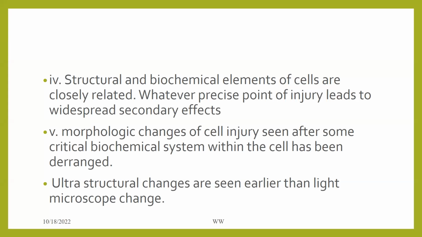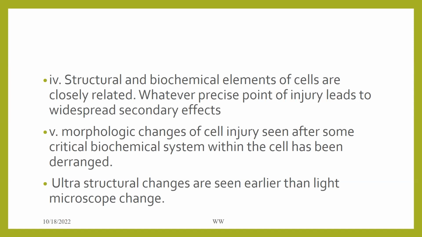And they are thought to occur before we are able to see the differences on light microscopy. The little organelles you see within the cytoplasm express disruption faster or earlier than what we see when we look at things under the light microscope. So if we are able to do electron microscopy, then we are able to see.